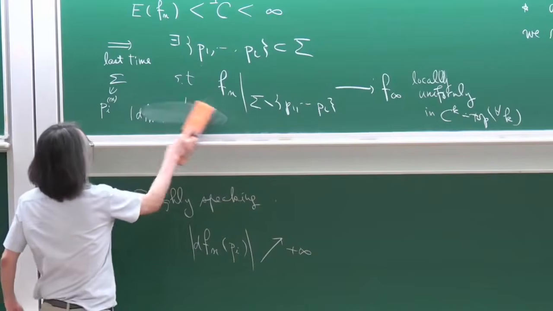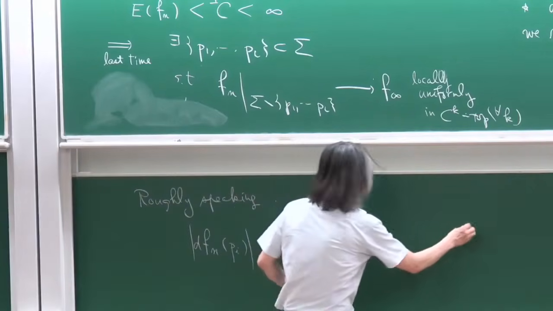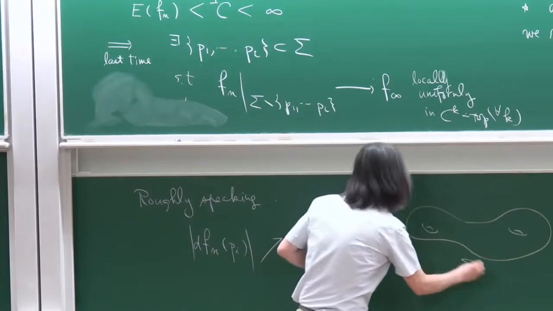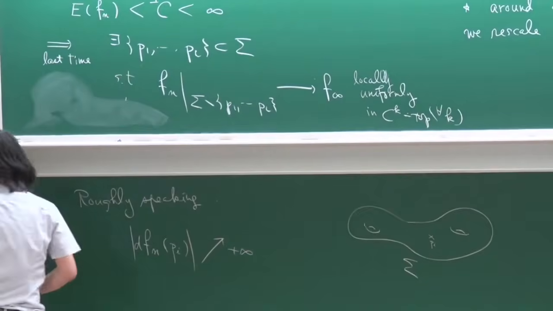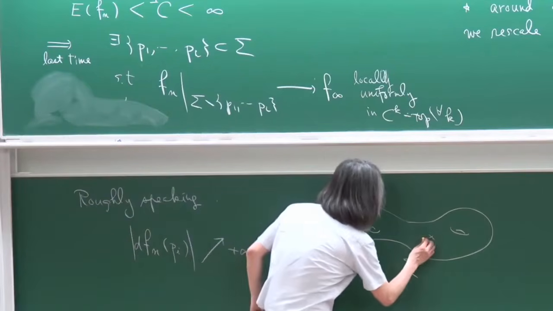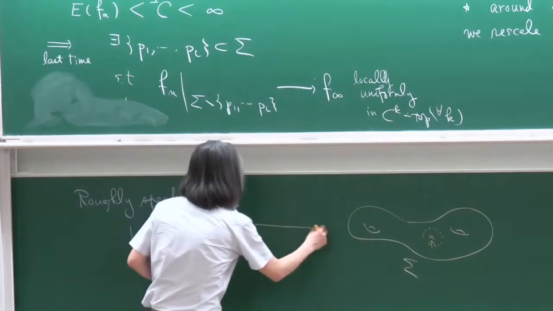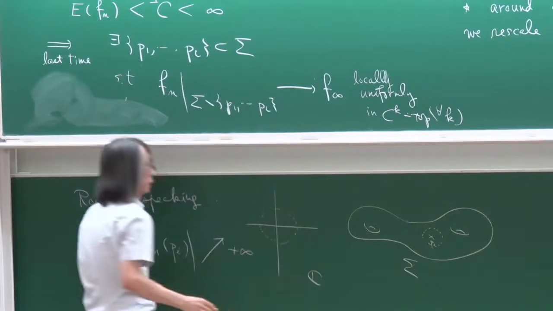So here you have some surface sigma, and then you have this point p_i. And then you take a coordinate neighborhood of this. You can take some coordinate neighborhood like this. And so therefore here you have the complex plane, and then you have a certain disk like this.